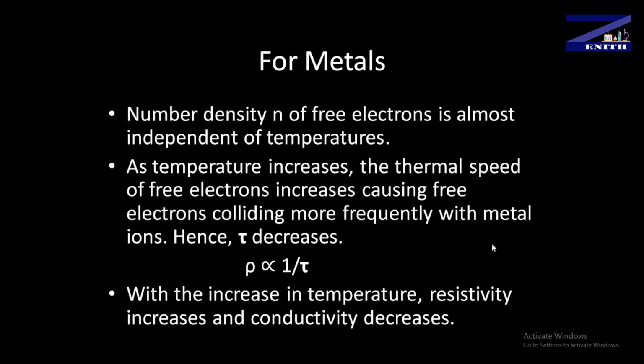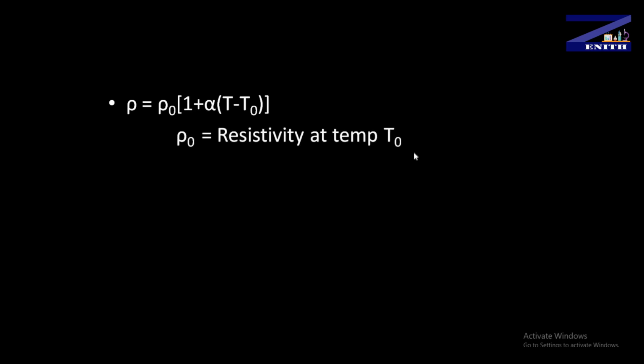Now let's see the relation between the resistivity and the temperature. That is given by rho equals rho naught into 1 plus alpha times (T minus T naught), where rho naught is the resistivity at temperature T naught and alpha is the temperature coefficient of resistivity.